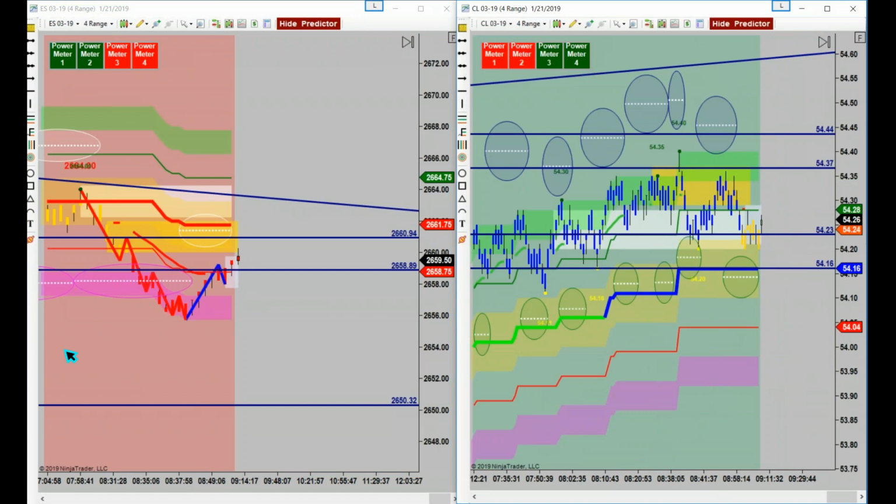And crude oil, it'll more than likely finally get to where it needs to be. Sometimes, when it's slow, they just take a while to get there. Anybody take a long on a trend line break on ES?